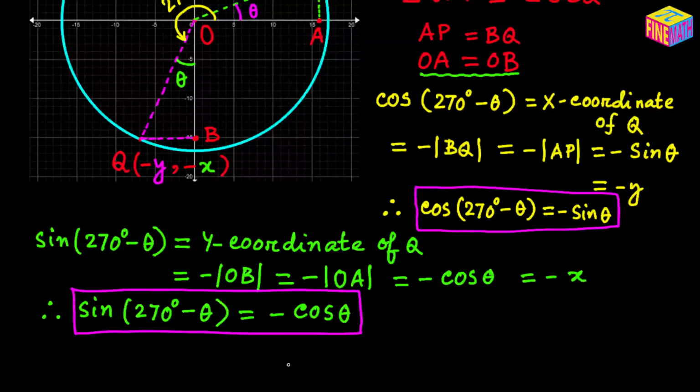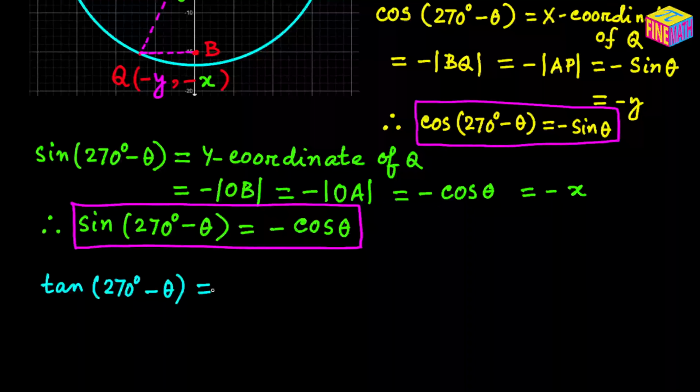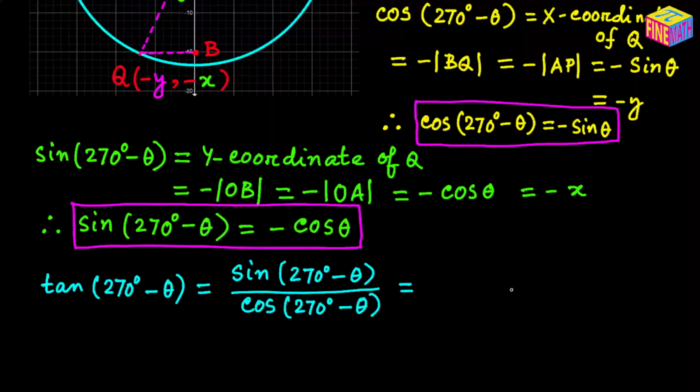Now let's try to calculate the value of tangent of 270 degree minus theta. We know that tangent is the ratio of sine to cos. So that would be sine of 270 degree minus theta divided by cos of 270 degree minus theta. And what is the value of sine of 270 degree minus theta? Well, that is actually equal to negative of cosine of theta. So can we write it as negative of cosine of theta?